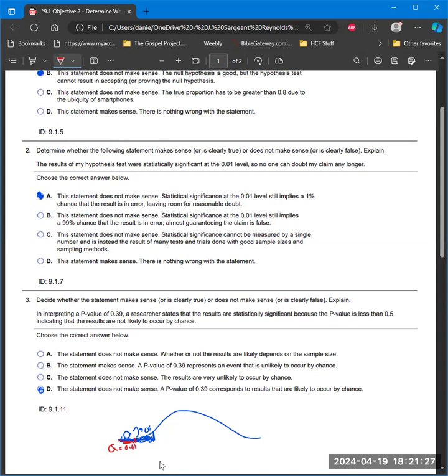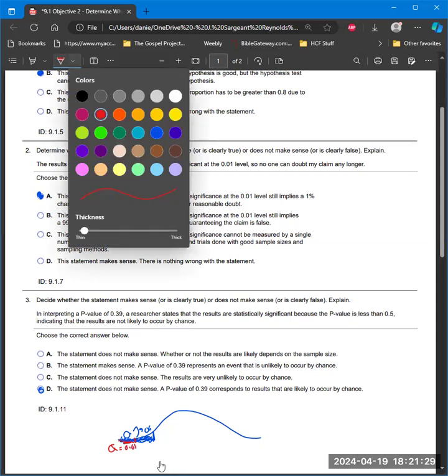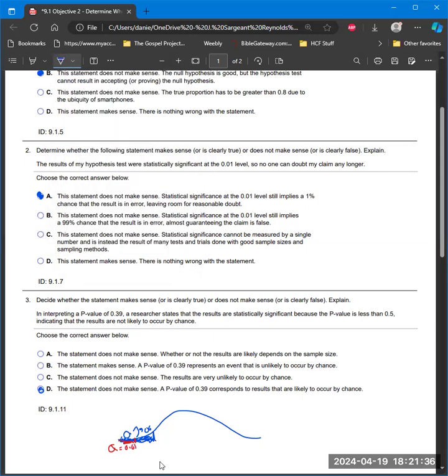And so because your z-value that generated this p-value is not within your rejection region, not in that red region, because your p-value is bigger than alpha, then we would not reject our null hypothesis. It's likely that our mean that we got was different from the population mean just because of random chance.